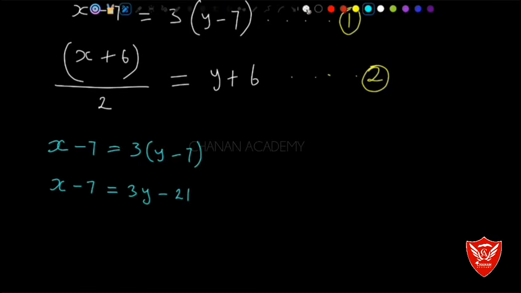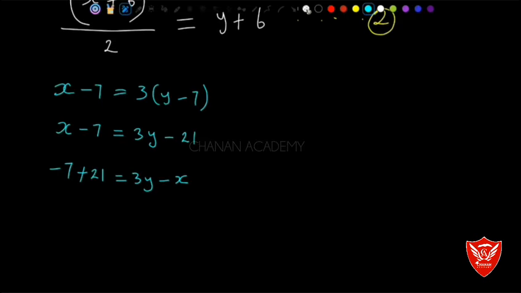Now when we take like terms, we are going to have minus 7 plus 21 equal to 3y minus x. Now if we simplify this, we are going to have 14 equal to 3y minus x, which is the same thing as 3y minus x equal to 14. So this is our new equation 1b. This is what we'll be working with.